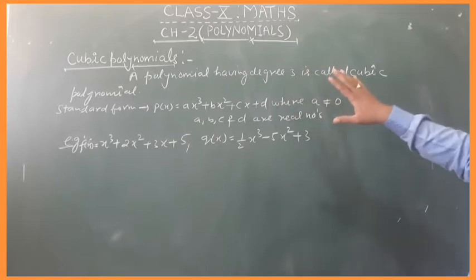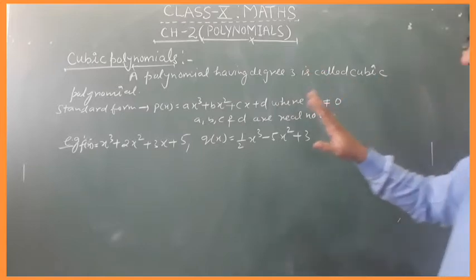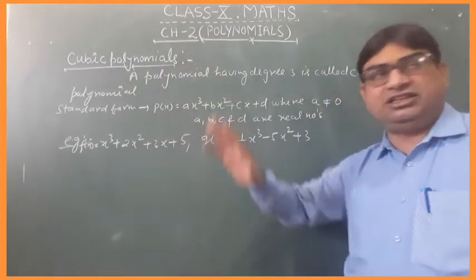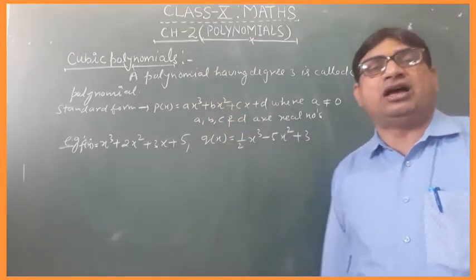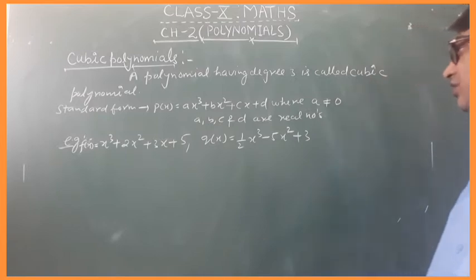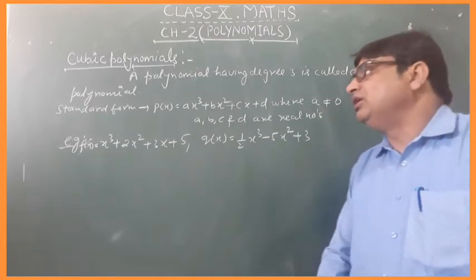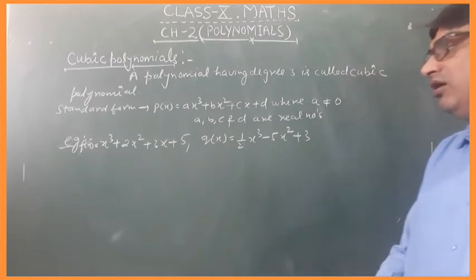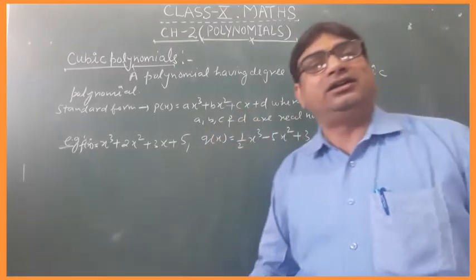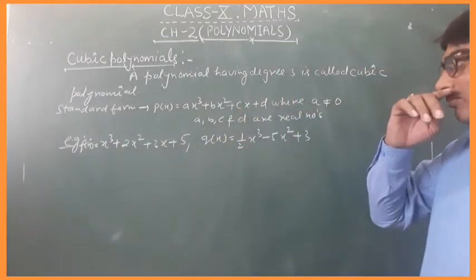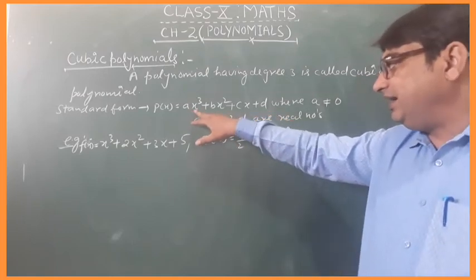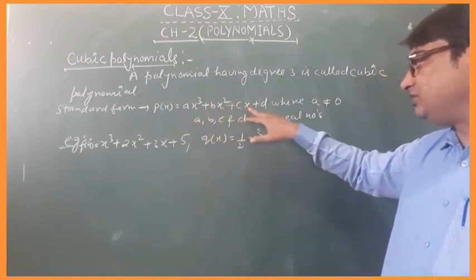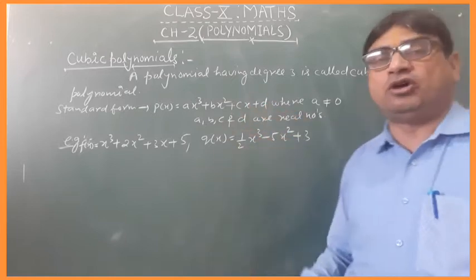A polynomial having degree 3 is called a cubic polynomial. This is the standard form: p(x) is equal to ax cube plus bx square plus cx plus d, where a is not equal to 0. You can write the standard form in ascending order or descending order. Both are right. So ax cube plus bx square plus cx plus d is the cubic polynomial.